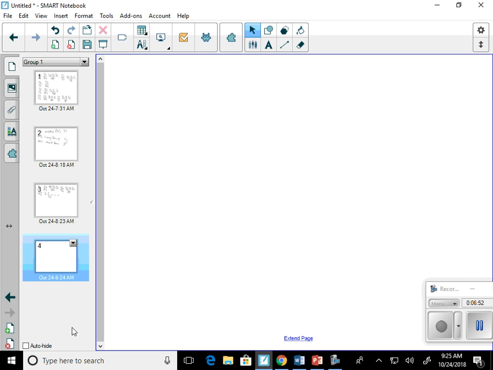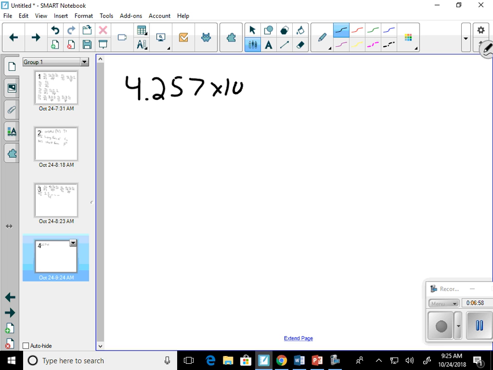I was given a wavelength of 4.257 times 10 to the negative 7th centimeters. In order to get that speed of light equation to work, we have to be in meters.